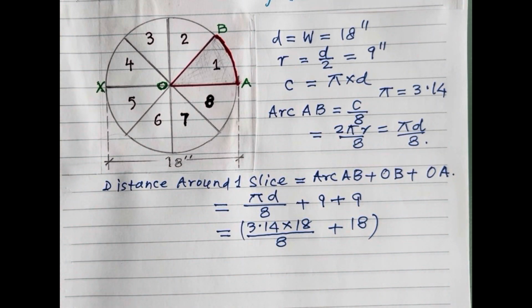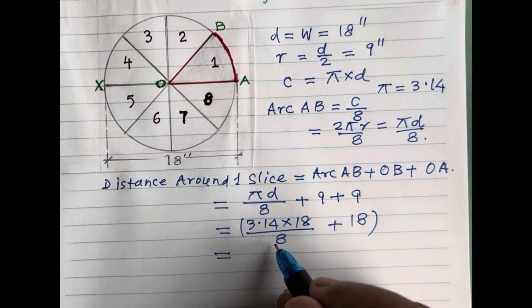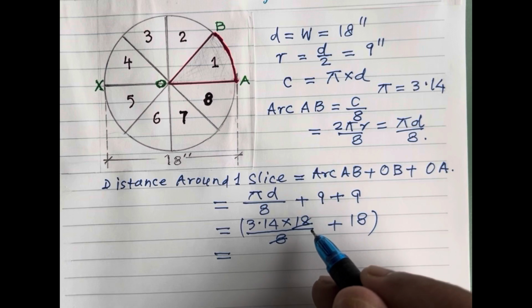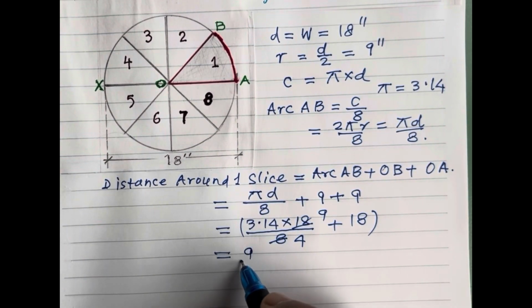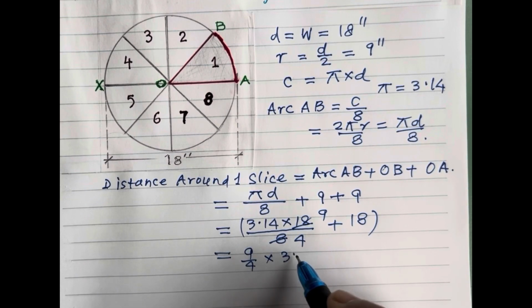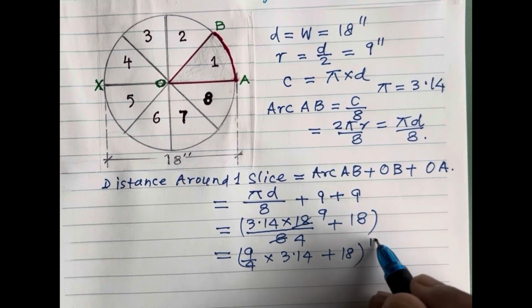Now let's calculate this. So this will become 9 over 4 multiplied by 3.14 plus 18 inches.